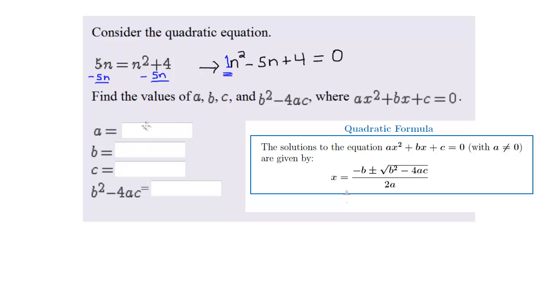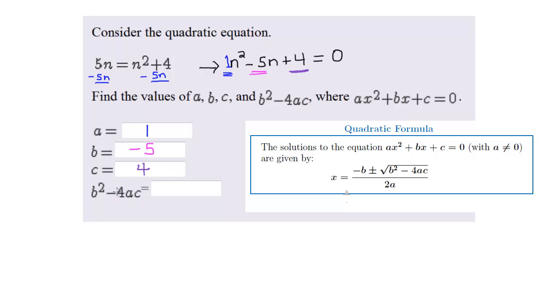So the coefficient a, or the value of a, is simply 1. b is our coefficient on the middle term, right? The x term, or the n term in this case. And for our example, b is negative 5. c is our constant term, in this case, positive 4.